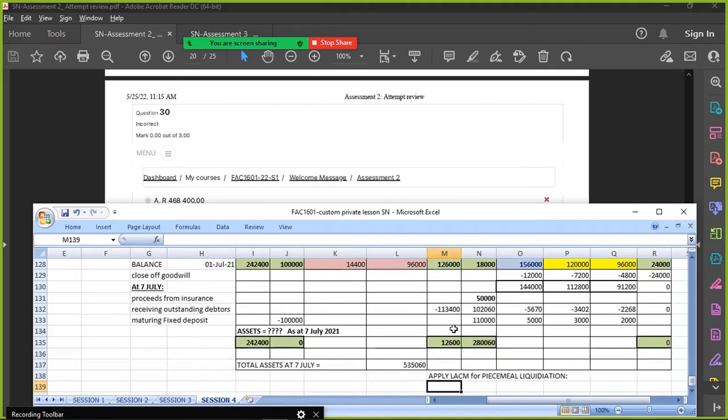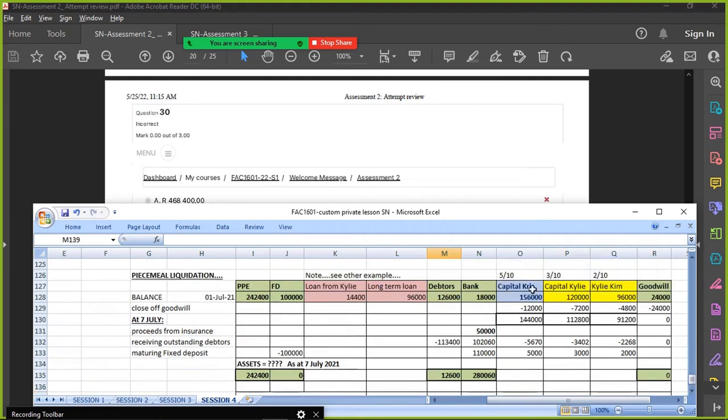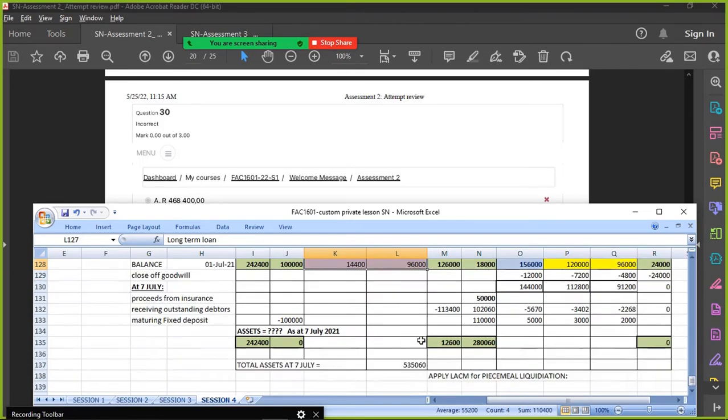Okay, so they said at that point in time. So fair enough, I'm going to have to apportion the cash to the partners. How much cash do I have? 280,000. This cash needs to pay off the loan, because there are liabilities that have to be paid off.